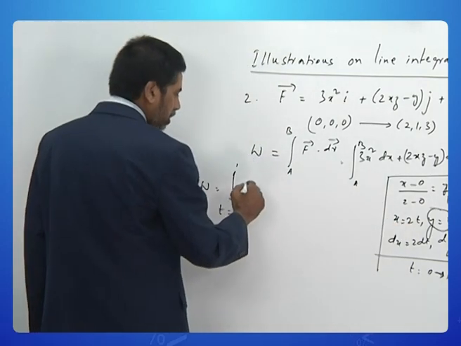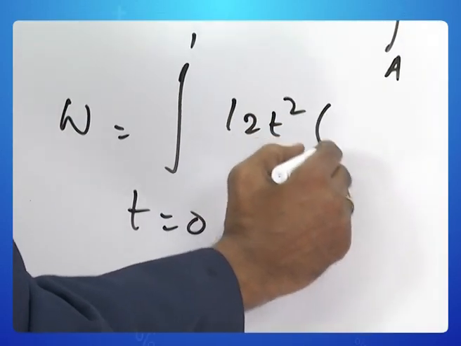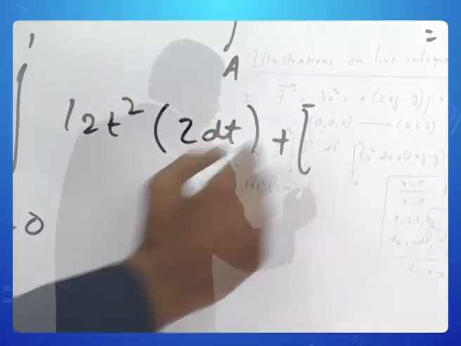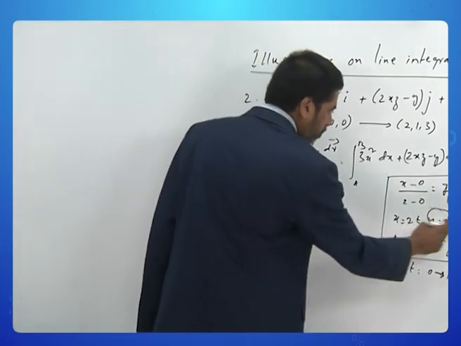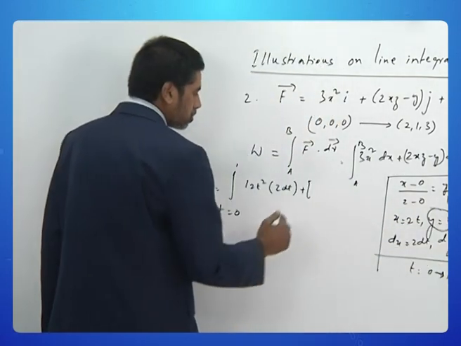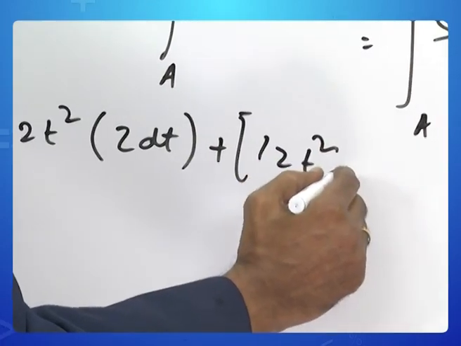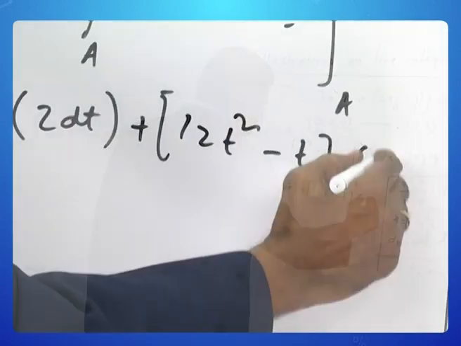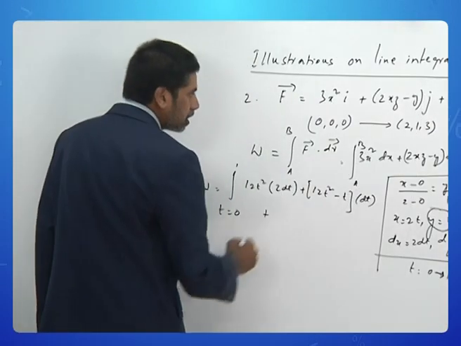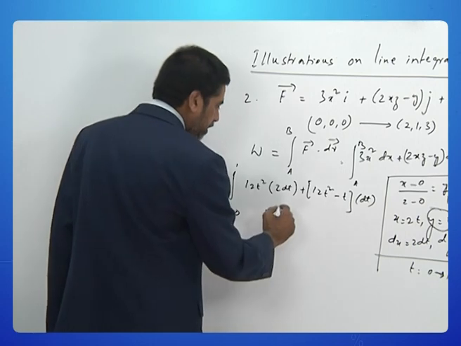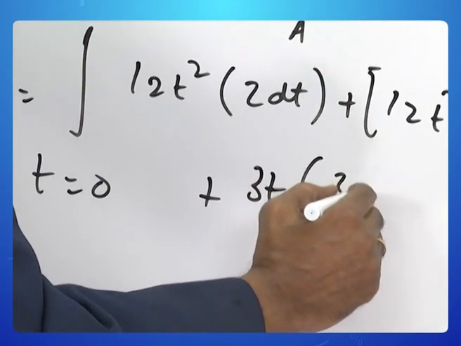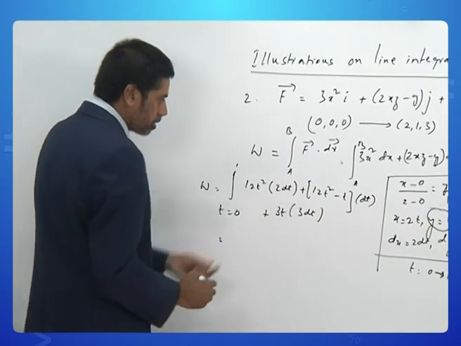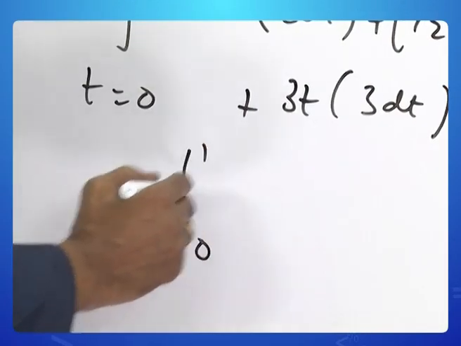So you will get 12t squared into 2 dt plus 2xz. xz would become 6t squared, so that becomes 12t squared minus y, which is t, into dy, which is dt, plus z dz. z is 3t into 3 dt. So one has to simplify this. Let us see how it looks like.